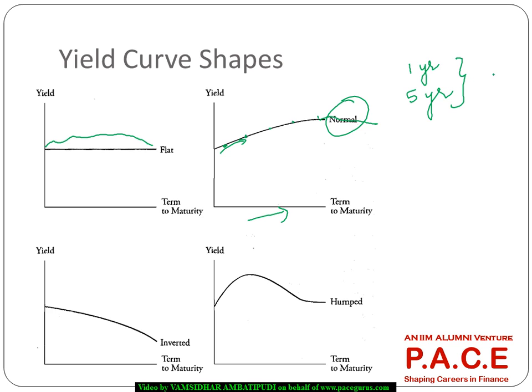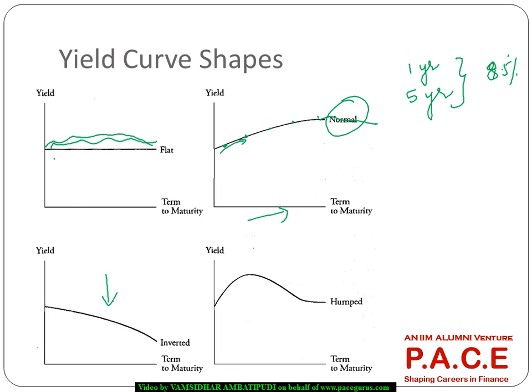So every year you will get the same 9% or 8.5%, whatever they are talking of, compounded. It's a flat rate. So whether you deposit for 1 year or 5 years, the interest rates could be the same in some cases. That is the scenario of a flat yield curve.